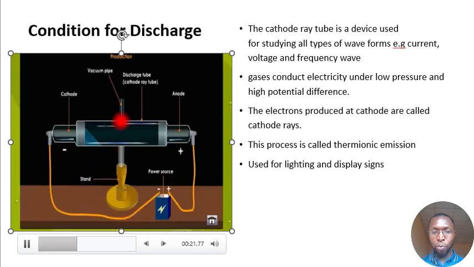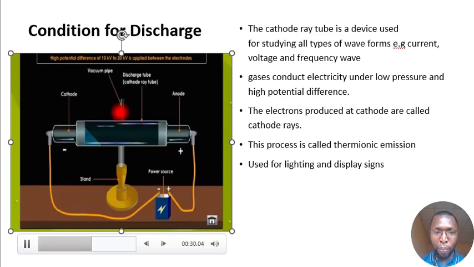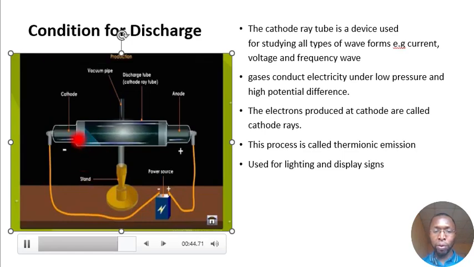Inside the tube, the pressure of the gas, here the air, has been reduced by using a vacuum pipe to remove it. After removing the air in the tube to reduce the pressure, and you've connected the battery, some electrons from the cathode begin to flow, and there will be glowing of light.